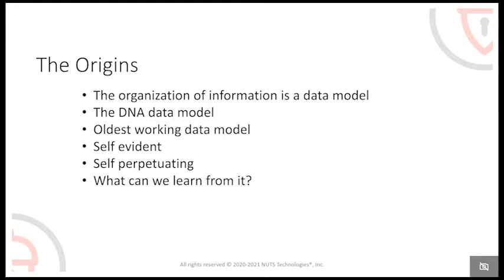It is the oldest working data model that we know of. It is self-evident, about as perfect as we can get it. It's self-healing, self-replicating, self-perpetuating. It uses the environmental resources that it has to help continue its propagation, and it's absolutely accurate. And so we asked, what can we learn from this?